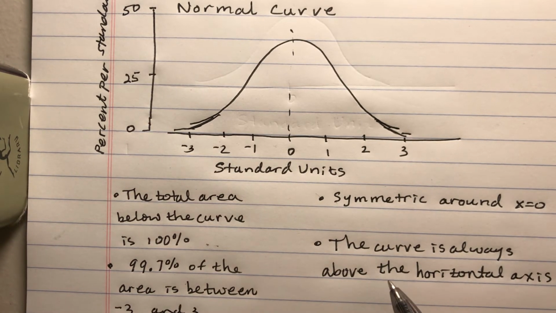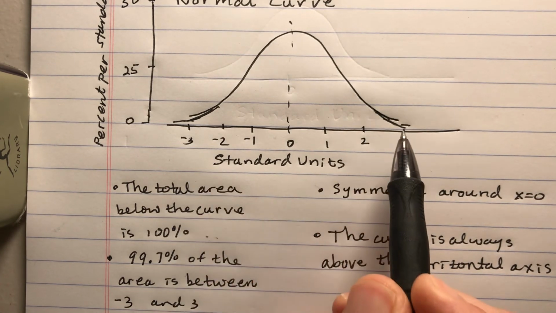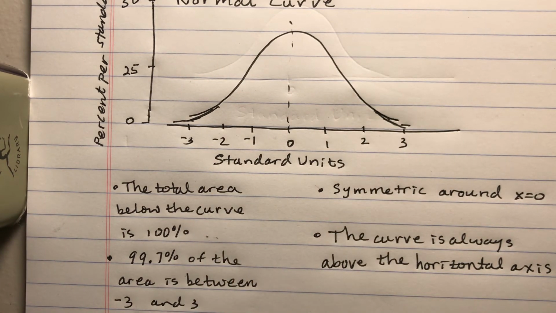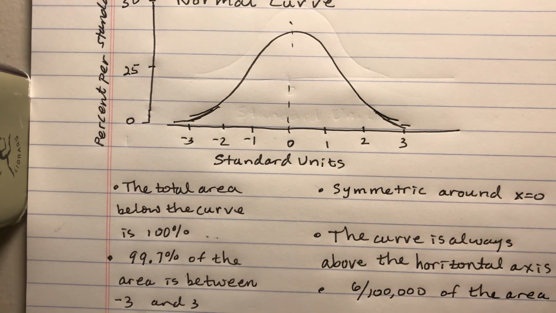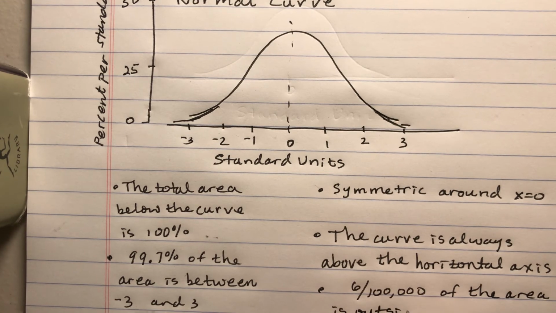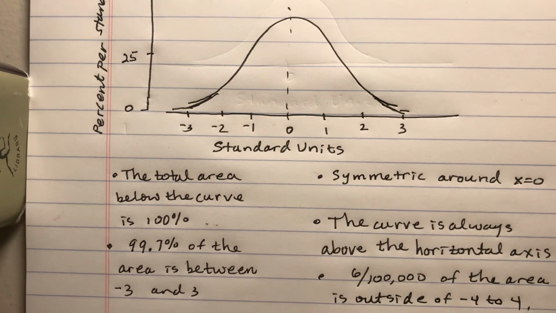So the point being is that most of everything's between -3 and 3, and a very small percent, 6 out of 100,000 of the area, is outside of -4 to 4.